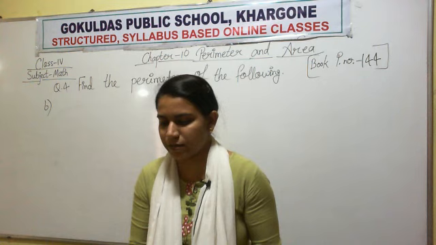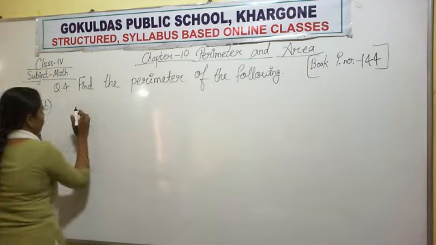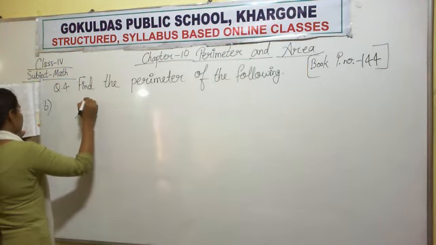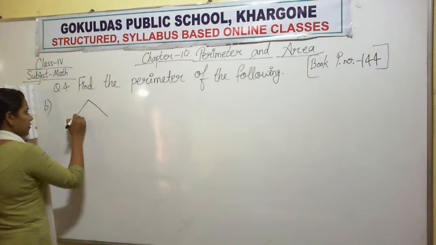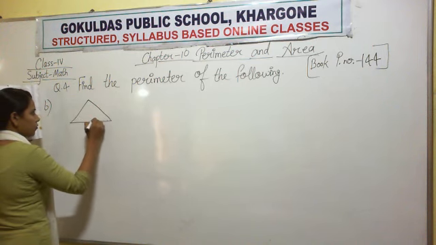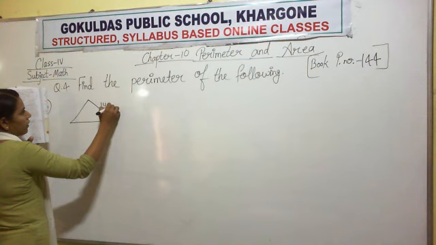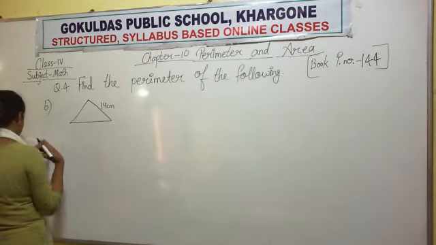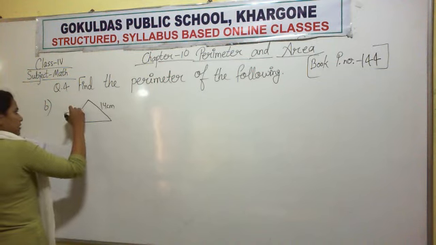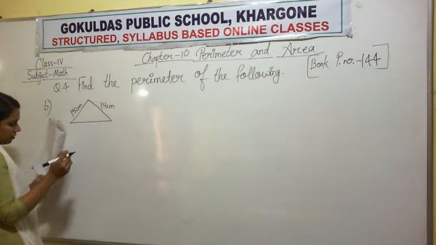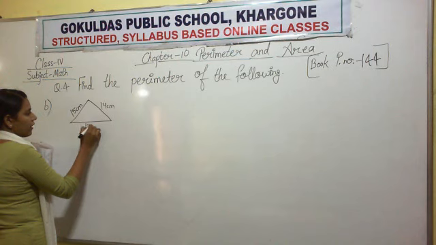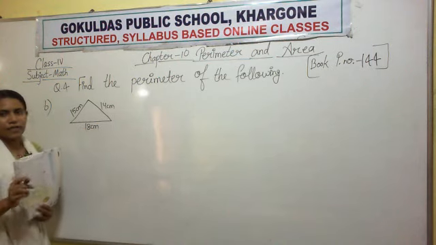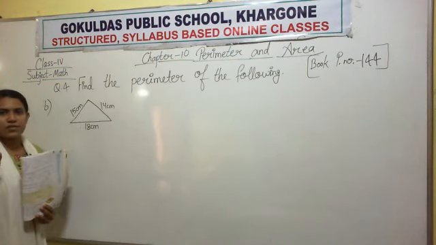A triangular shape is given whose sides are of length: this side is 14 centimeter, right? This side is 14 centimeter. This side is 15 centimeter. And this side is 18 centimeter. Remember one thing, when you draw these figures, use a scale.